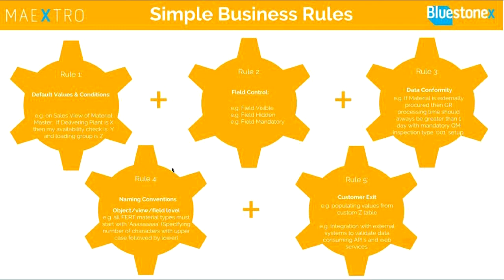So, some of the rules that we've got out of the box: default values and conditions. So there's some examples there. So on a sales view, if the plant is X, then availability check will always be Y, and loading group can be Z. So you can do these ifs and thens conditions. Again, you don't need to be a coder. It's all kind of drop downs.